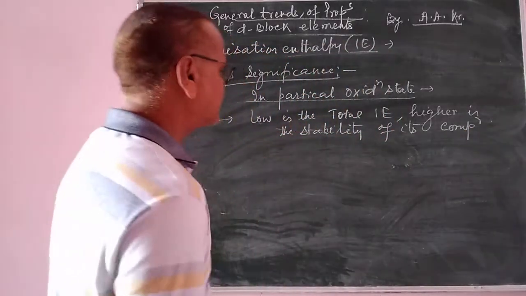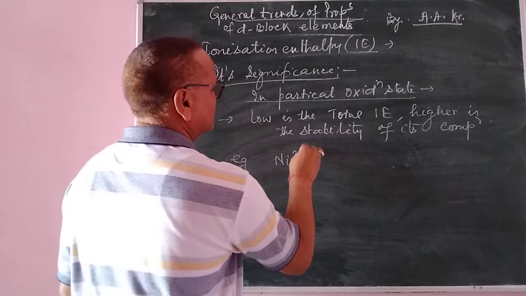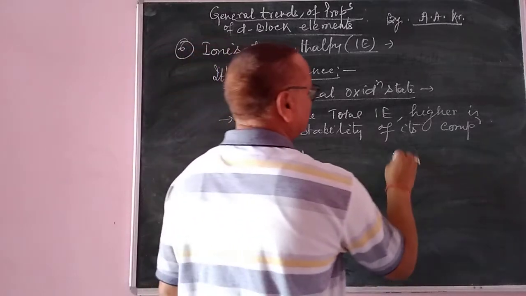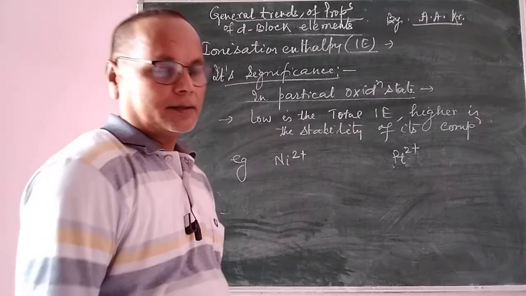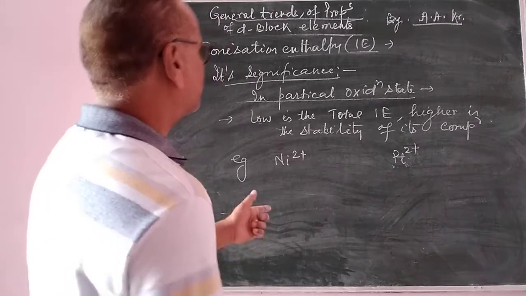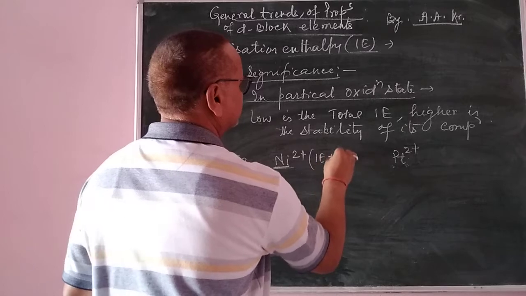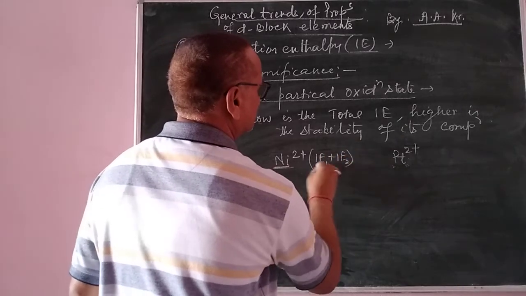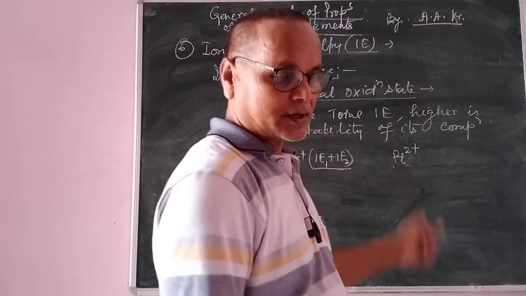As for example, take Ni2+ and Pt2+. We see here their ionization enthalpies, the first plus second ionization enthalpy.